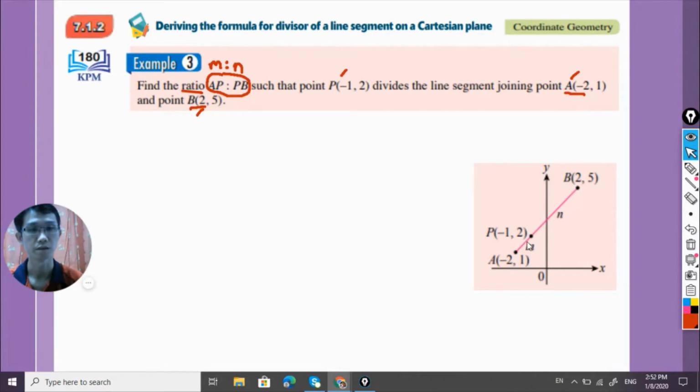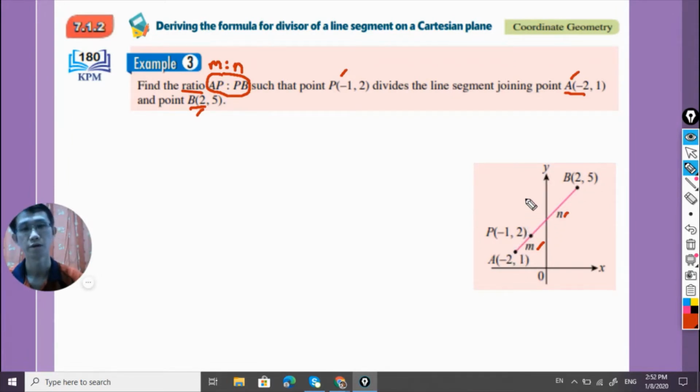So it's about this distance, and then you will see that this is m. So now we can start to find the ratio m to n, or the ratio of AP to PB, through the points given.